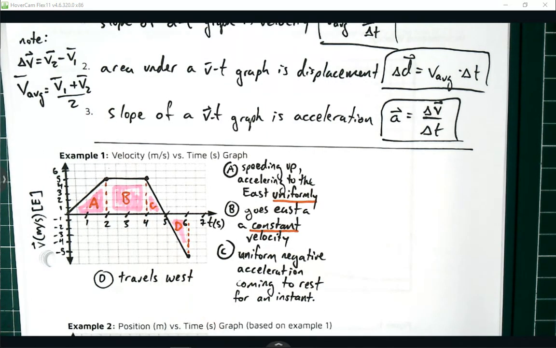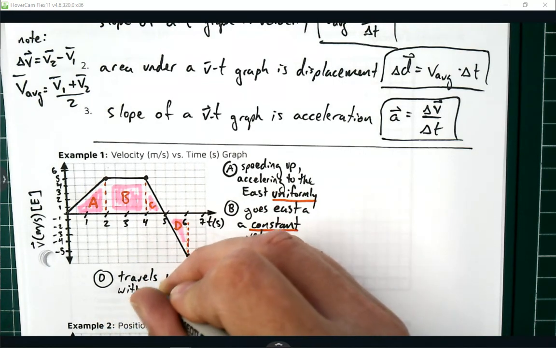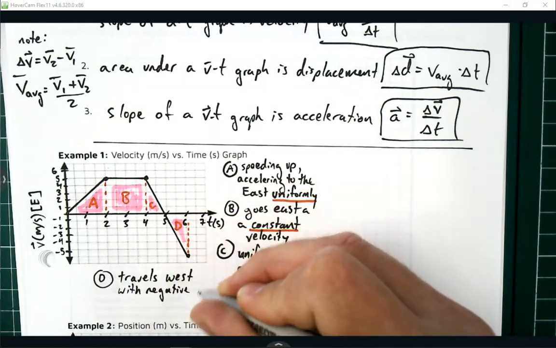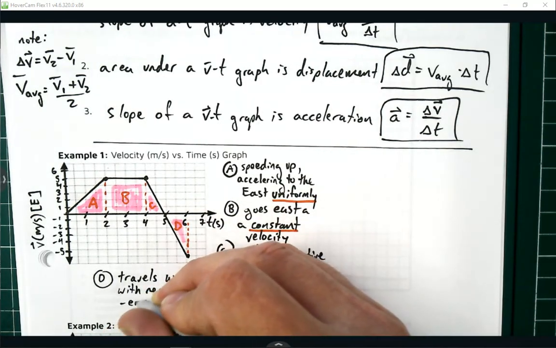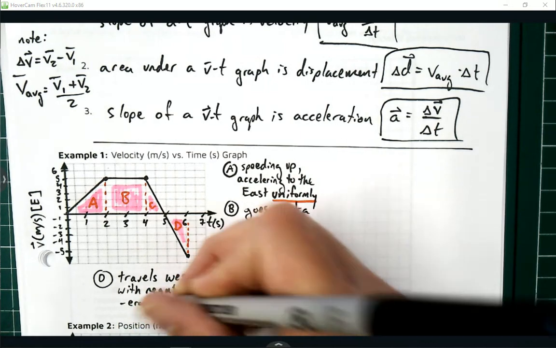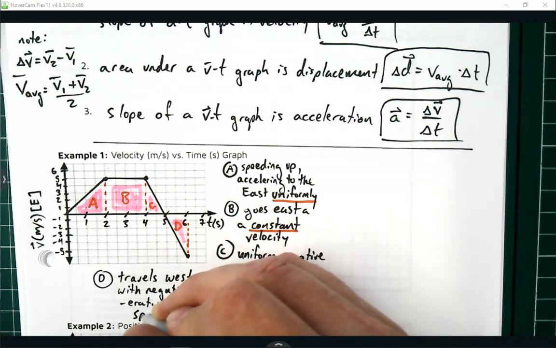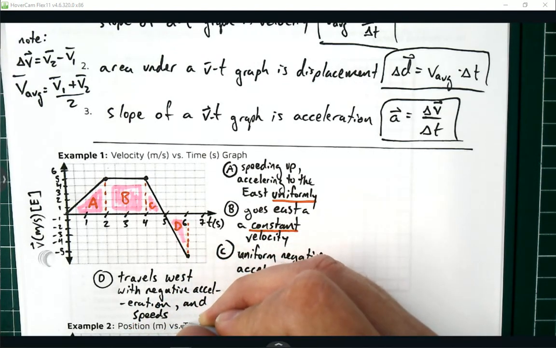So I'm going to make a note of that. We say it travels west with negative acceleration and speeds up.